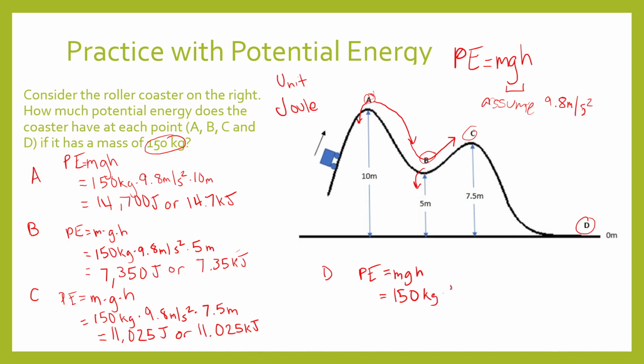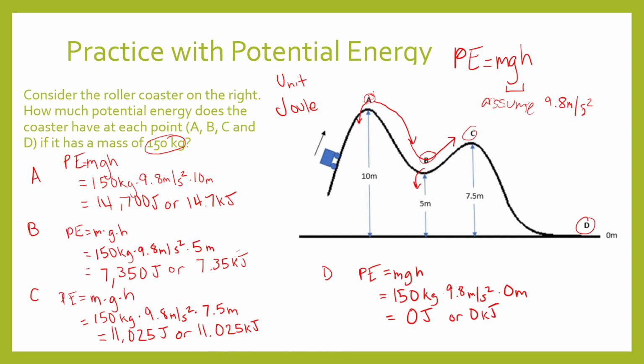Our gravity is still 9.8 meters per second squared, but our height this time is 0 meters. And hopefully you know that anything times 0 is going to give you 0 joules, or 0 kilojoules. Hey, didn't have to do any conversion with that one. So this is potential energy. This is how you can calculate potential energy for this roller coaster.